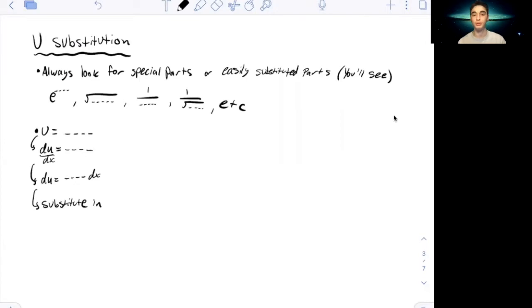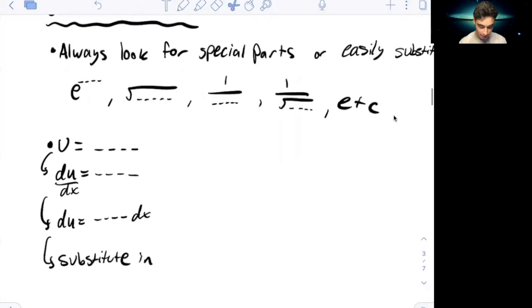So let's get started. When I first look at a U-substitution problem, I always want to look at whether there are special parts that I can substitute for, because usually that's what you're going to have to replace. What I mean is, you see the dotted lines here, whatever phrase is in there.